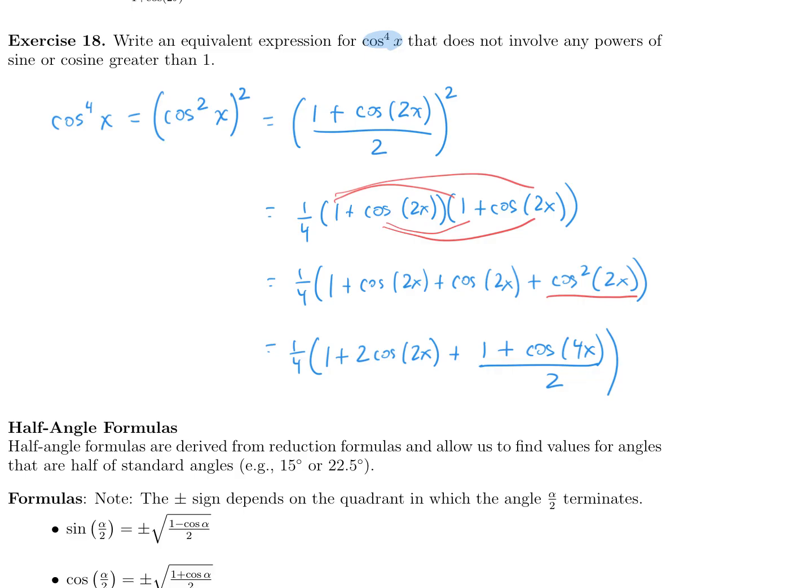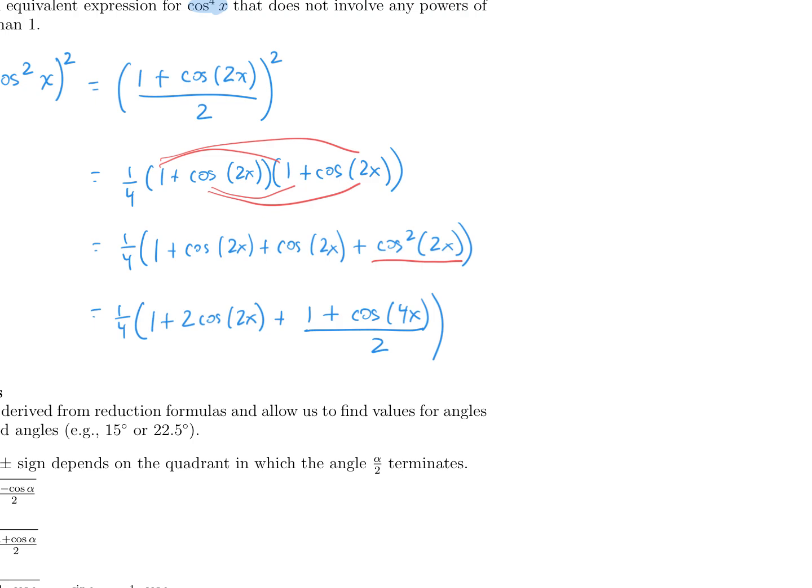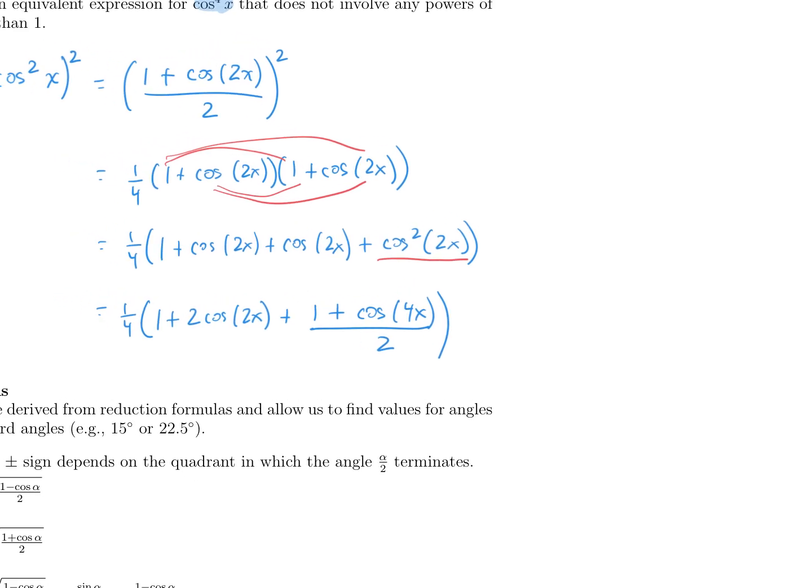All right. The last thing we can do is split this fraction up into two separate fractions, 1/2 plus 1/2 cosine 4x, and then we can combine the 1 and the 1/2 together. We're just simplifying at this point. So we have 1/4 (1 plus 2 cosine 2x) plus 1/2 plus 1/2 cosine 4x.